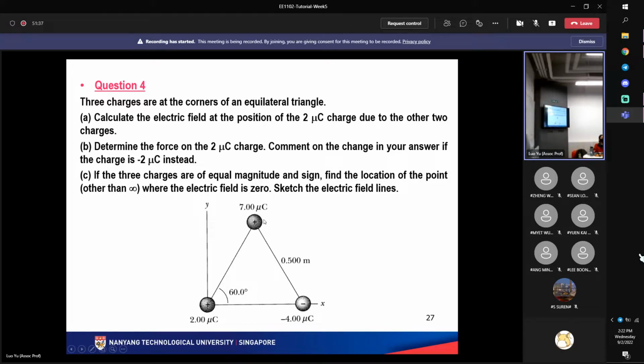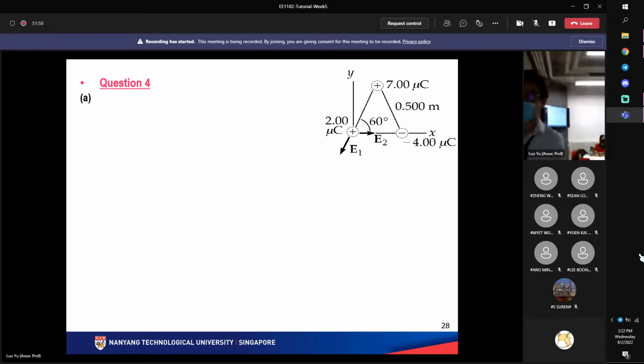Then I remove all these charges and put three identical charges of the same magnitude and sign on the three corners. I want you to find out a point within this triangle where the total electric field is zero. Okay, there are three parts. Let's see this one by one.